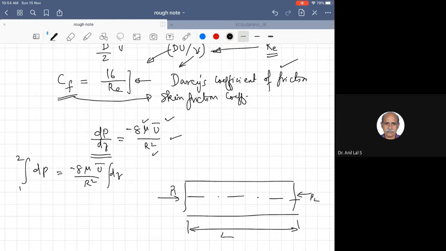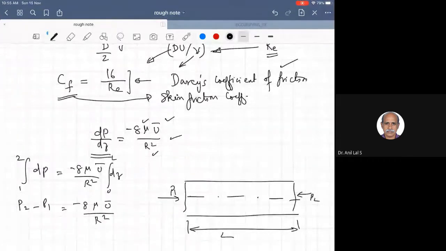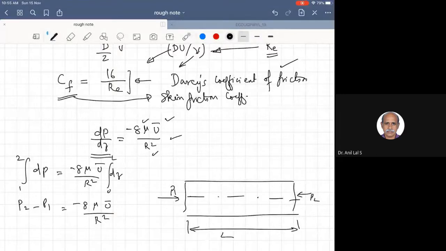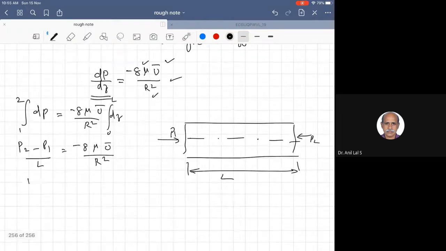Between 1 and 2, and the length from 0 to L, you get P2 minus P1 equal to minus 8 mu u bar by r squared times L. This is the pressure drop. If I want to write the pressure drop, I have to write P1 minus P2 by L equal to 8 mu u bar by r squared.